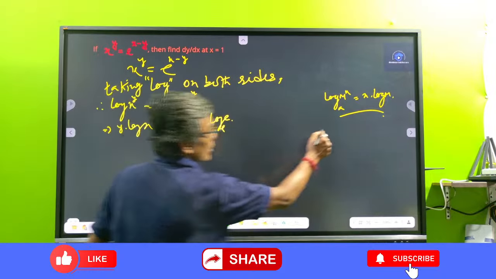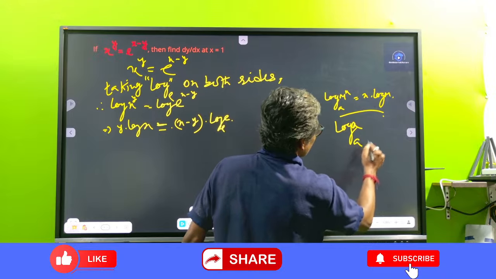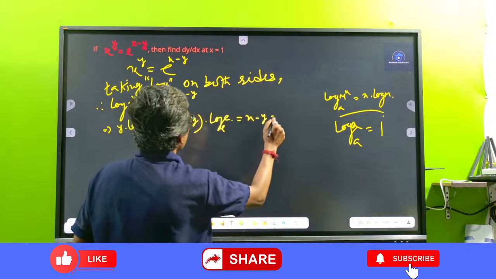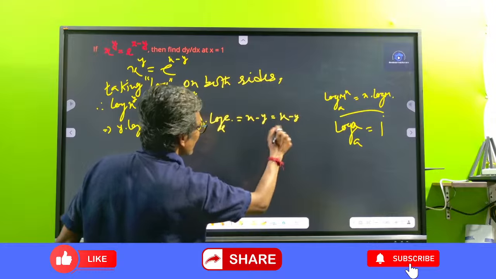Log e to the base e is also a formula from logarithm, that is 1. So x minus y into 1 means x minus y.